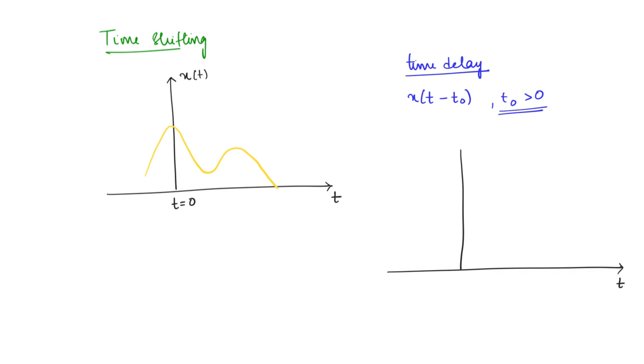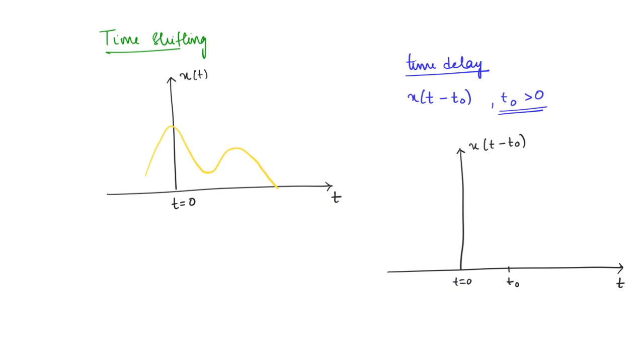On the time axis and on the y-axis, you are going to have x of t minus t naught. Now since t naught is greater than 0, it is going to lie to the right side of t is equal to 0. So this is t is equal to 0, t naught is positive, so it will lie somewhere here, let us say.